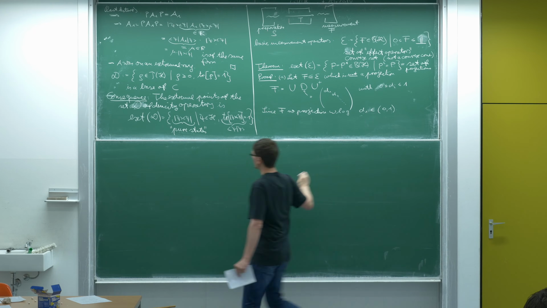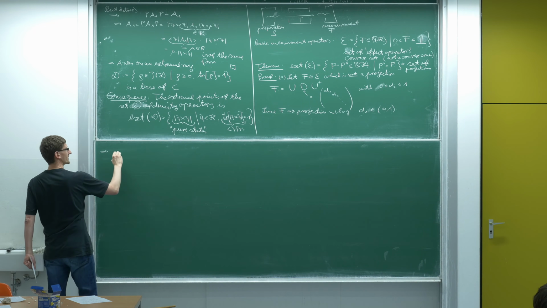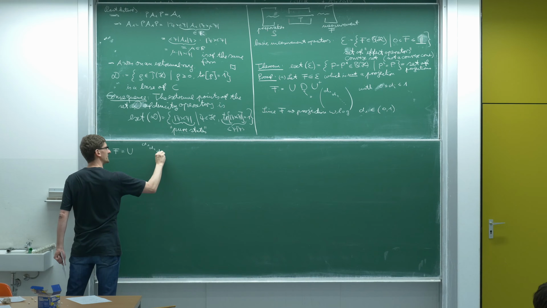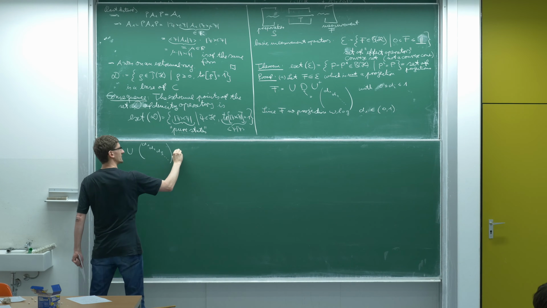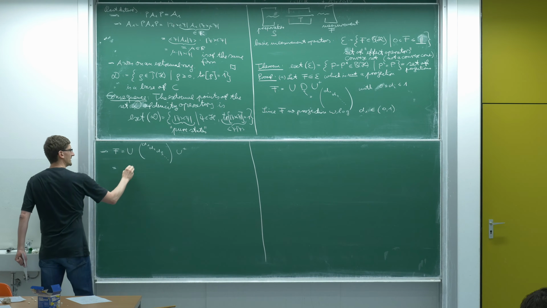So one way to do it is, let me write it down again. U, D1, D2, D3, U dagger.